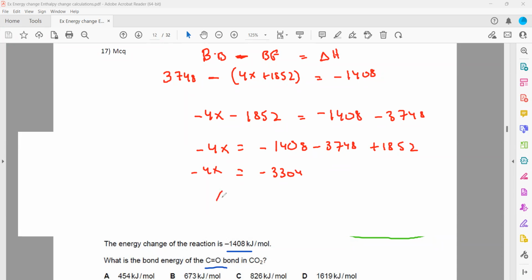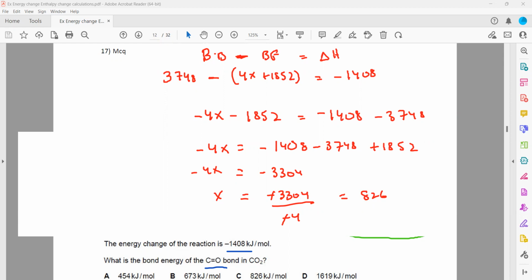We need x only, the CO bond energy. So minus 3304 divided by minus 4, so 3304 divided by 4. What's the final answer? 826, which matches with option C. So C is the right answer.